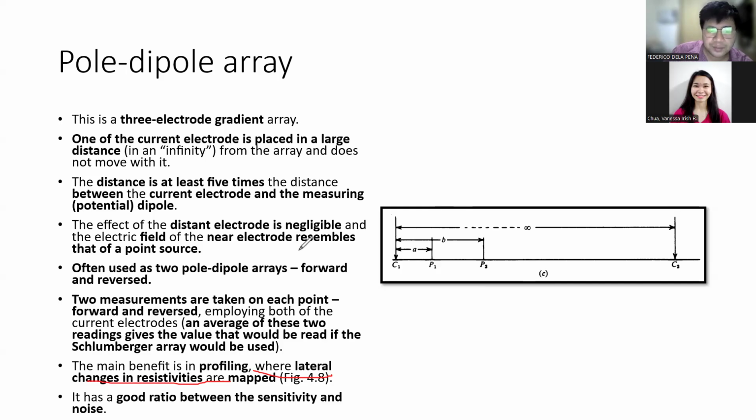Okay, yeah, I think mainly because you have a good ratio between your sensitivity and noise.